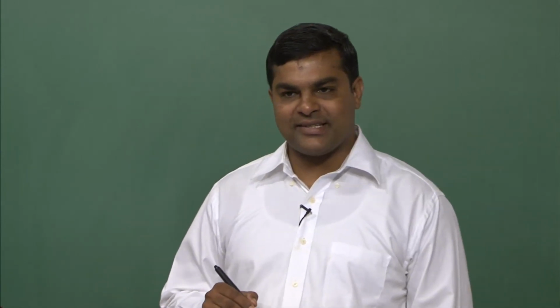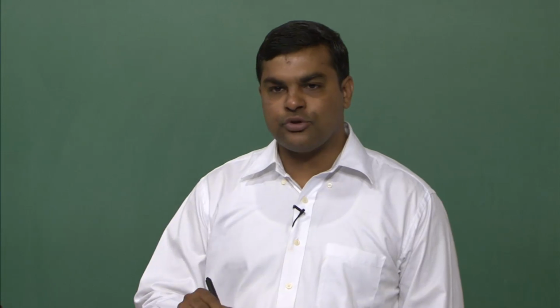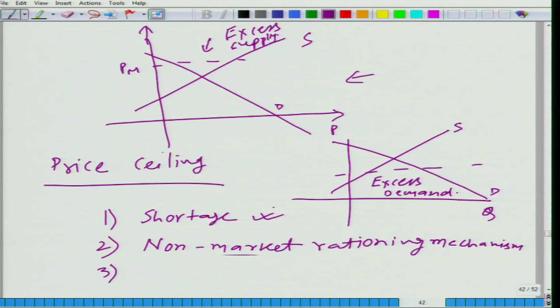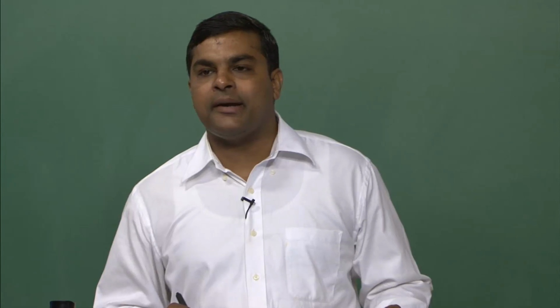It means we have excess demand and less supply. Some people would like to buy the good at that price, but are not able to, because there is not a sufficient amount of goods available in the market at that price.